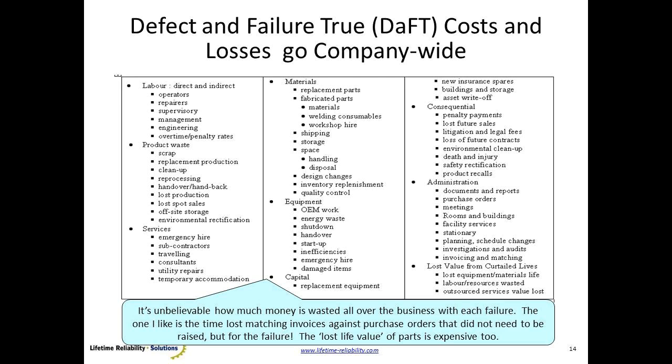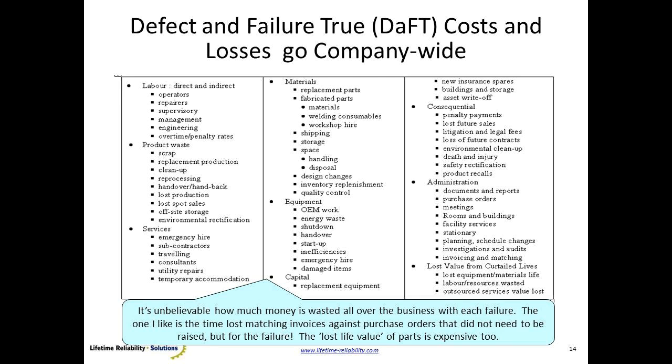Over here, consequential costs. In our business we lost because we couldn't sell the product we could have made in the time that it was broken down. Or penalty fees from clients, because we've now affected their business and they're going to penalise us for their losses. There's an interesting one here, administration. My invoice matching people are on the breakdown.